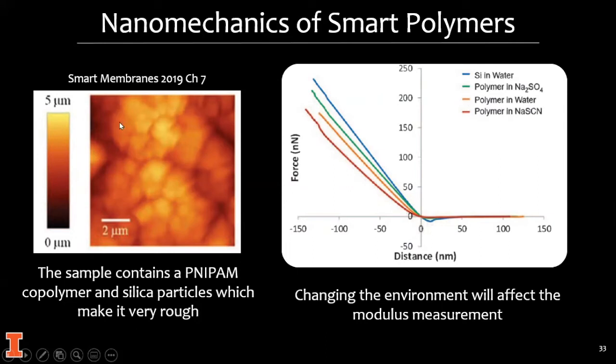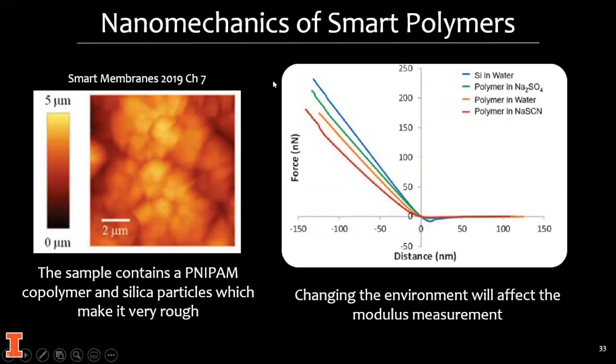The problem is now we have hundreds of nanometers of roughness, and once again, even though the sample is soft, the topography does affect the measurement. So in this case, you're not going to use a regular nanoscale sharp AFM tip. Now you want to use a colloidal probe, which is microns big and can average over the roughness over a larger area, reducing that topography artifact.